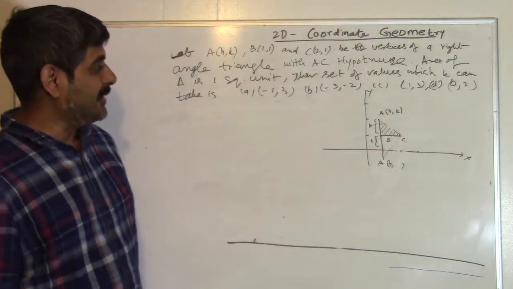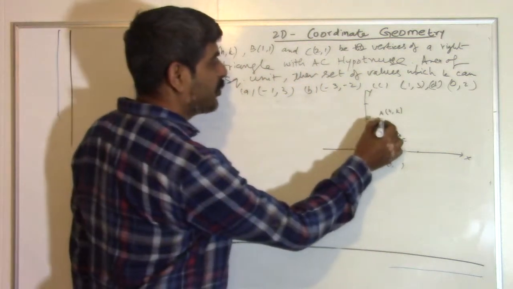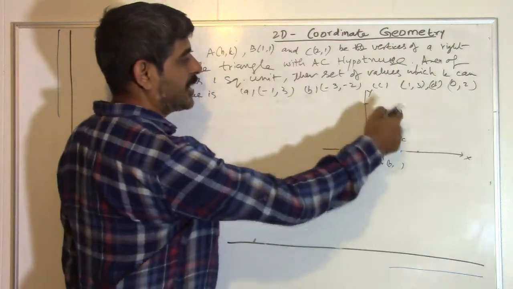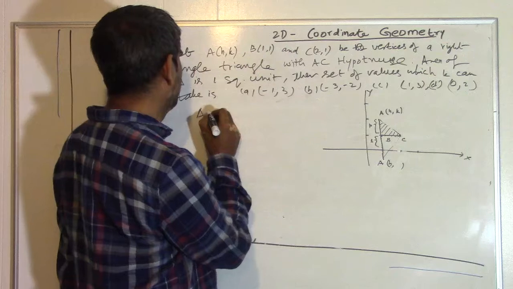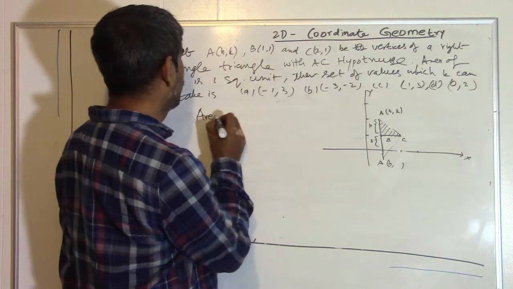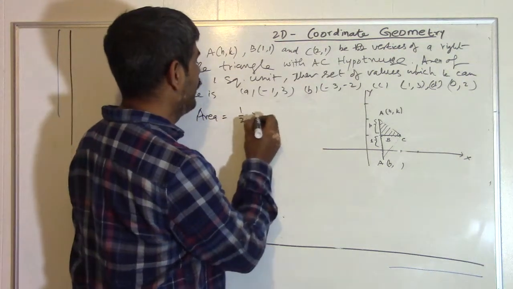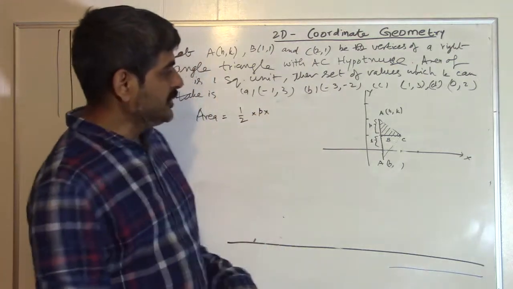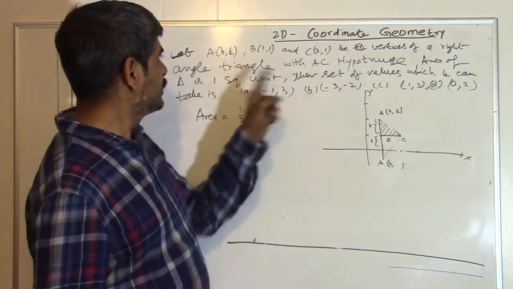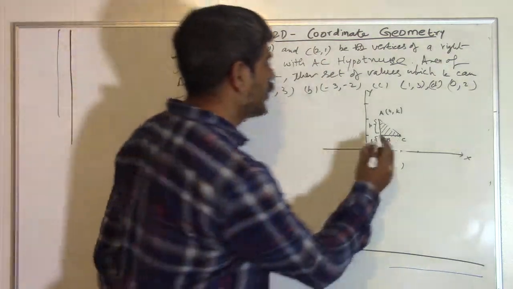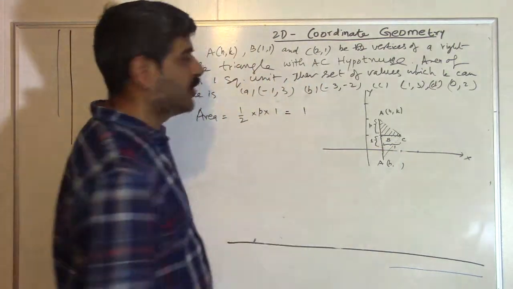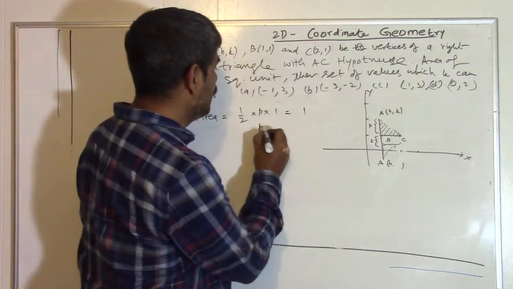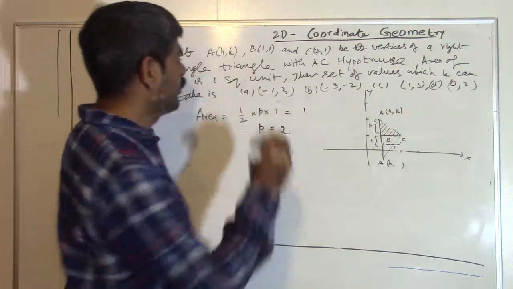And what are we given? If the point A is in the upper direction, then the area of the triangle will be given by half into P into BC, and BC is 2 minus 1, this is 1, into 1, that is given to be 1. That means P is equal to 2.